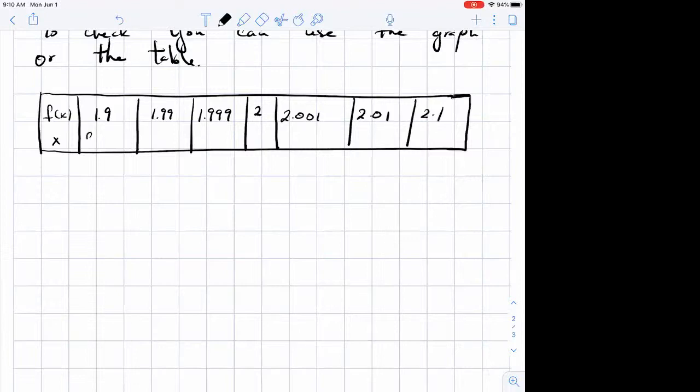And then fill in what is f of 1.9, f of 1.99, f of 1.999, and f of 2.001, f of 2.01, and f of 2.1.